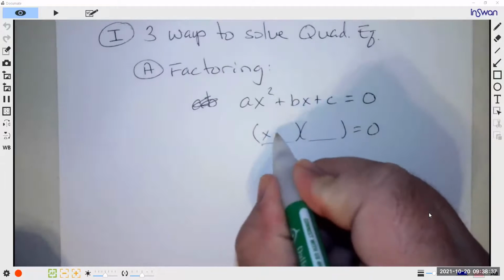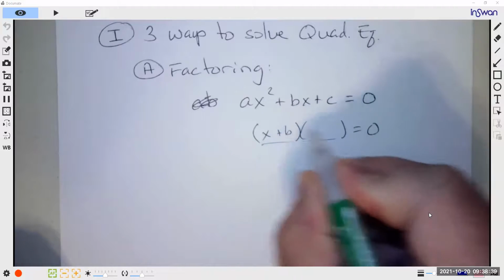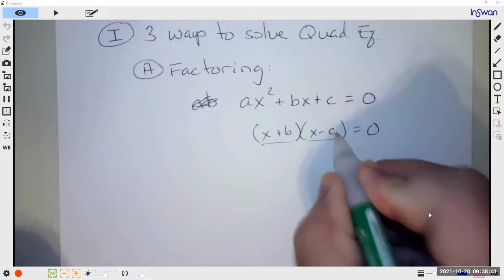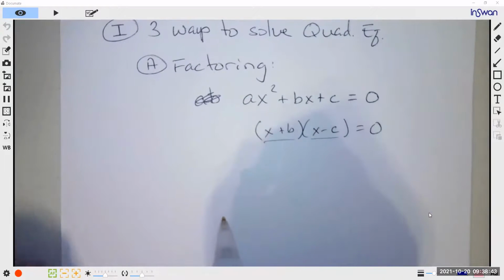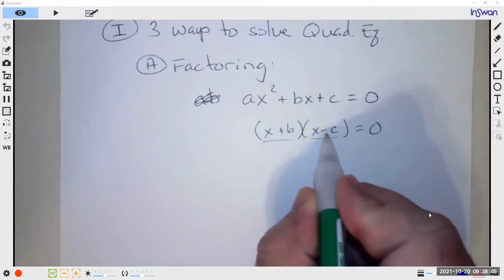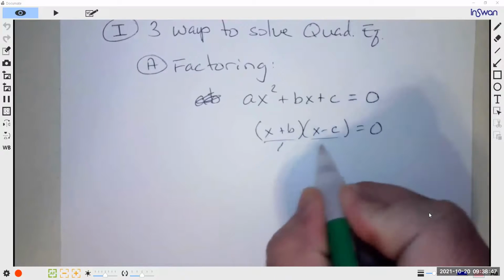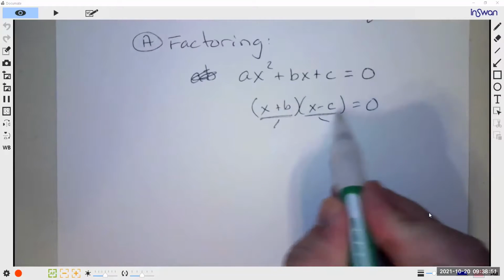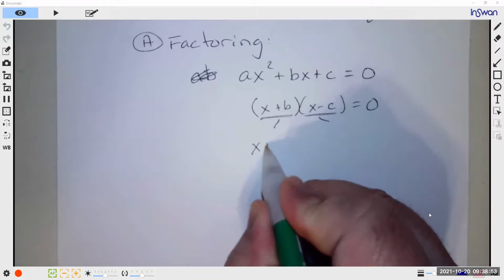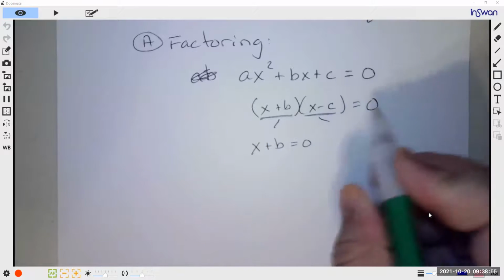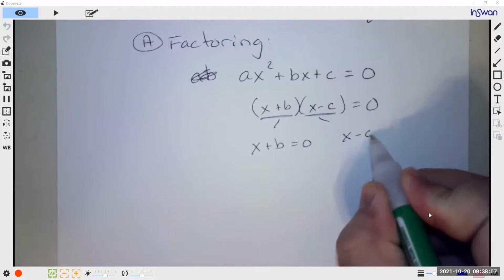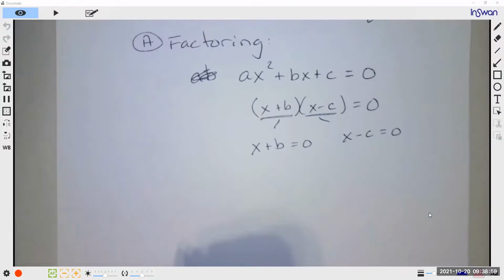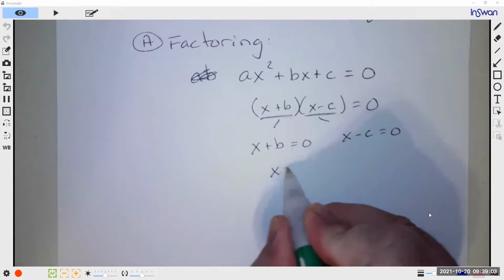We'll end up with something like (x plus b)(x minus c). So, whatever, 2 numbers. And then when we finish that, when we factor it, because of the zero product principle, this times this equals 0. That means either the first one equals 0 or the second one equals 0. And we work them both out.